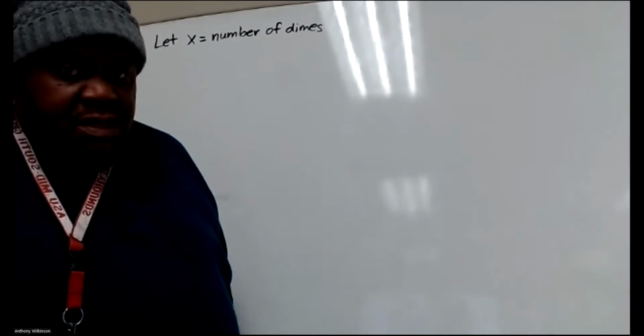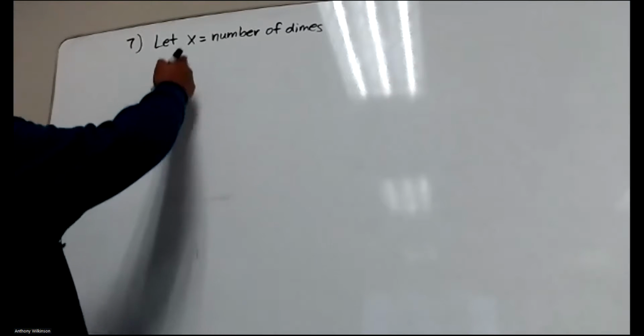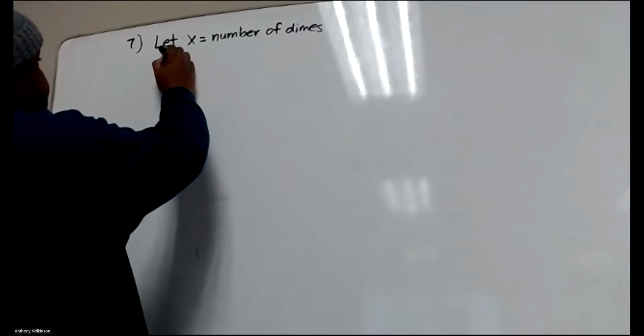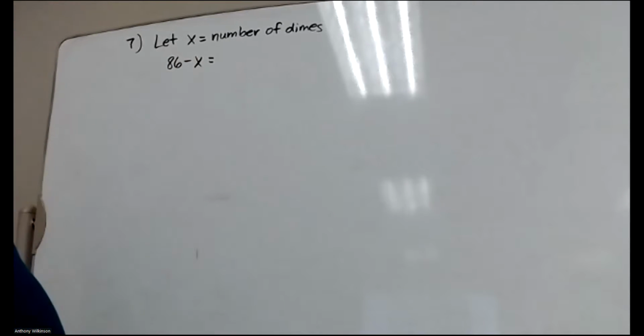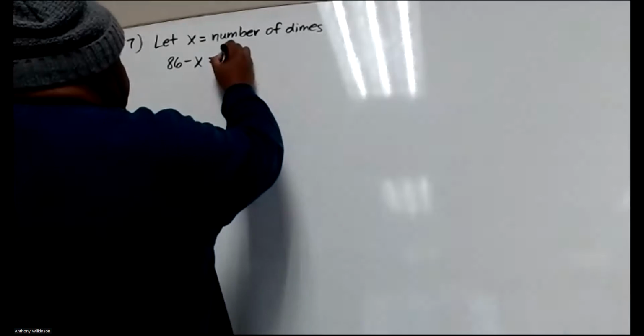And since there are 86 coins, if I let X be the number of dimes, then what's left will have to be the number of nickels. All right, so X is the number of dimes. That means the remaining will have to be just 86 minus whatever the number of dimes are. That will be the number of nickels.